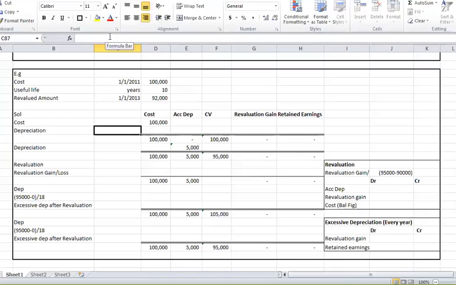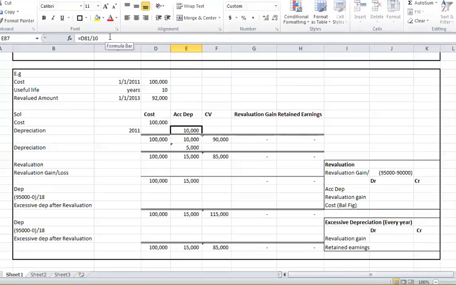And in 2011, we have charged depreciation. Total life is 10 years. So what would be the depreciation? Equal to cost divided by 10.